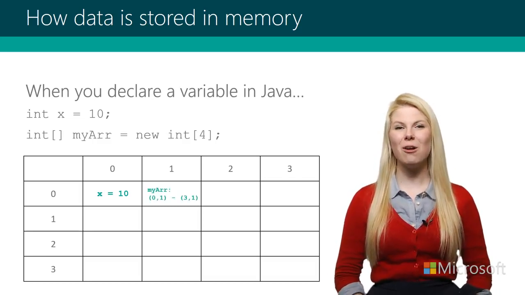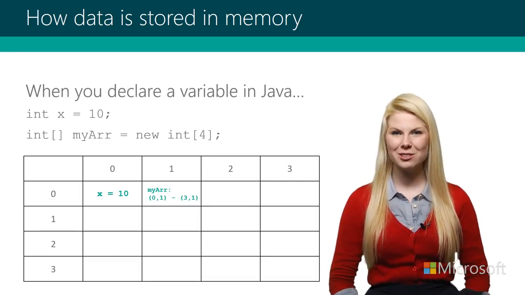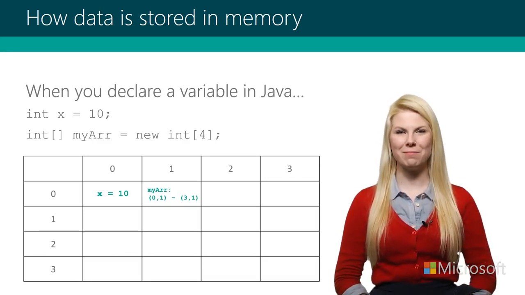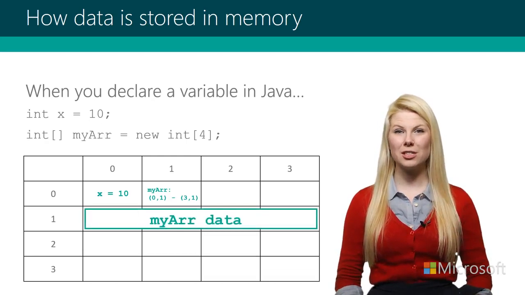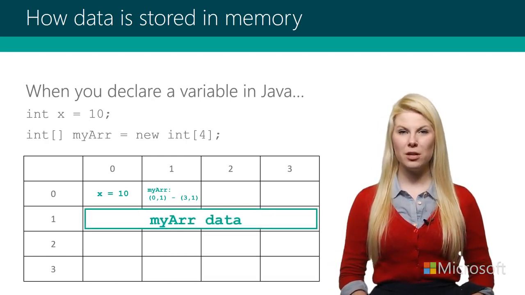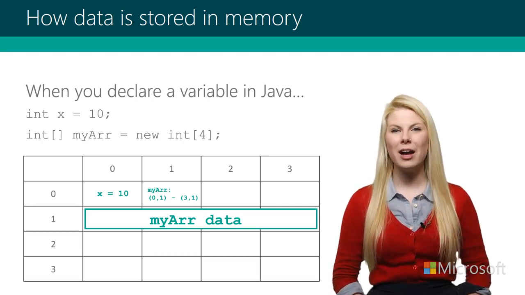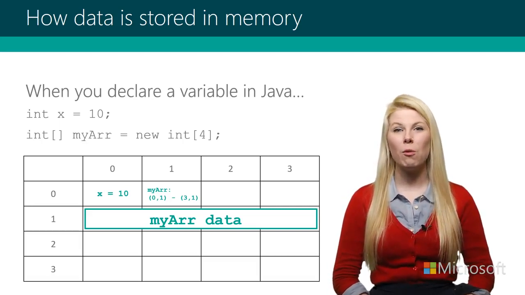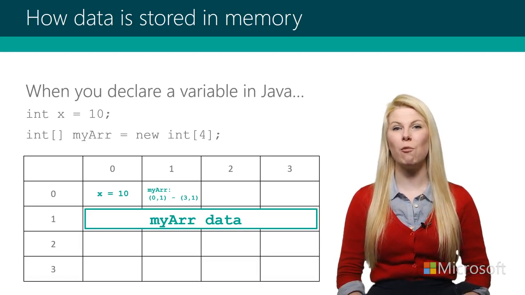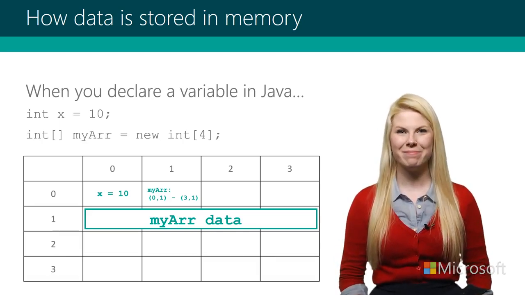So it's got its own space for the address of the actual information. And then it partitions off a whole section of memory specifically for however big that object is. So now we've got an array sitting in memory where one box is holding the address of where the real data is.